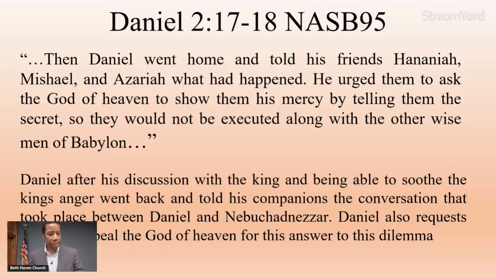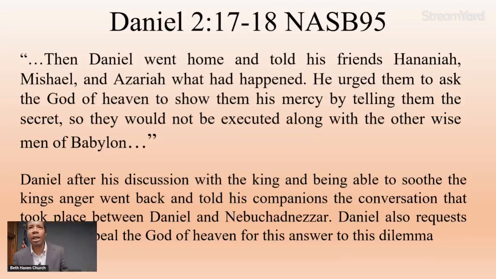Daniel also requests that they appeal to the God of heaven for an answer to this dilemma. Now, this is how my mind works, okay? So I read this text, and there's just basic information here, right? Daniel goes back, he tells his companions, and he asks his companions to appeal to God for mercy in revealing this dream.